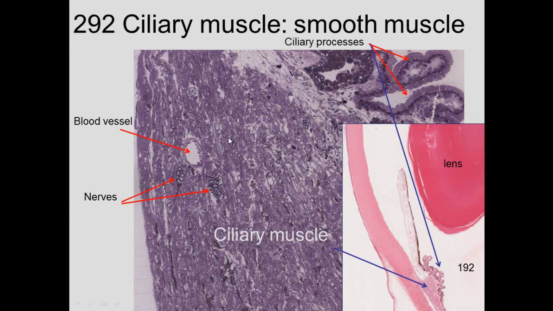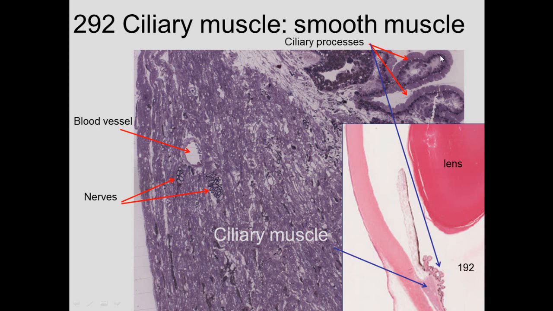In the ciliary muscle, we can see it's a smooth muscle. We can see nerves. We can see blood vessels of the ciliary muscle, and the ciliary muscle is what contracts to change the shape of the lens.